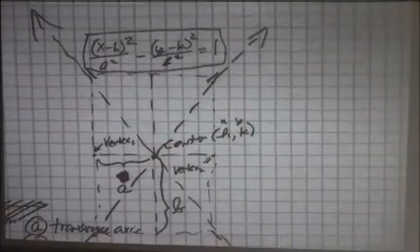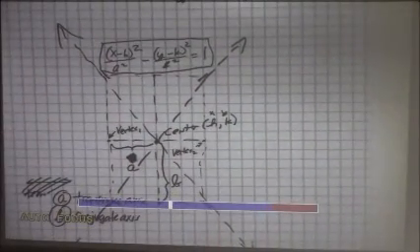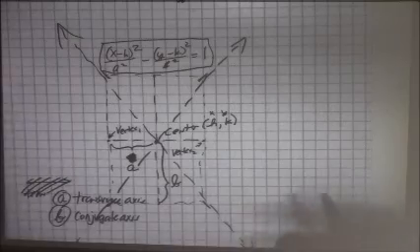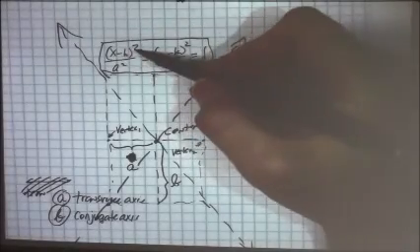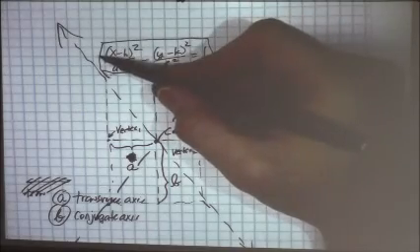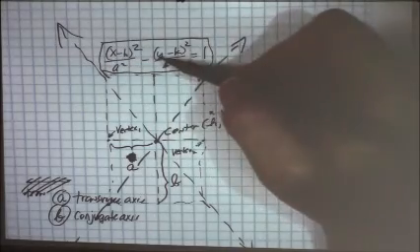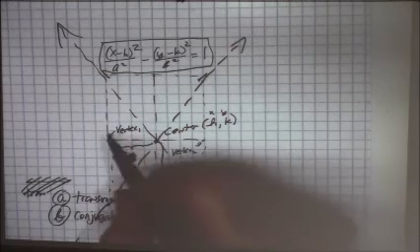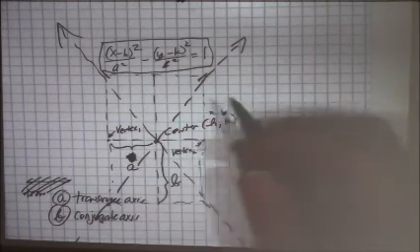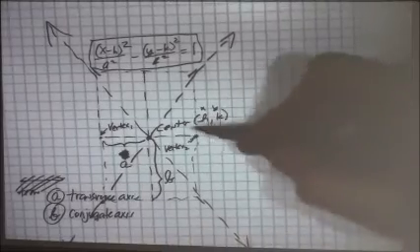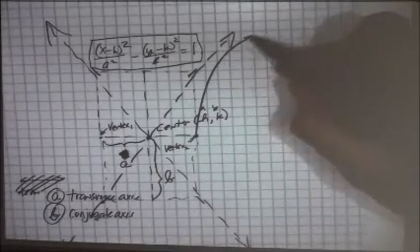Those asymptotes will help you now with drawing where the hyperbola goes. If you have this one where x squared is positive and the y squared is negative, that means the transverse axis is going this way, parallel to the x-axis, and that's where our hyperbola is.